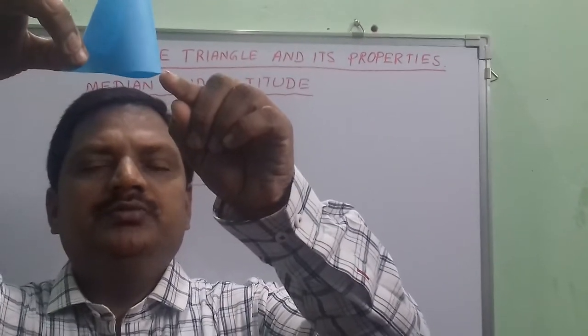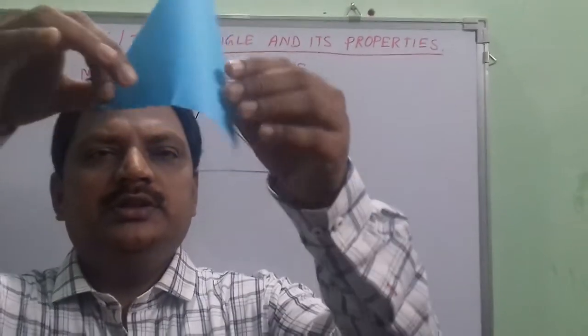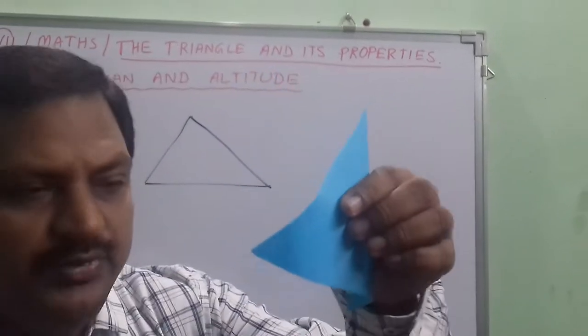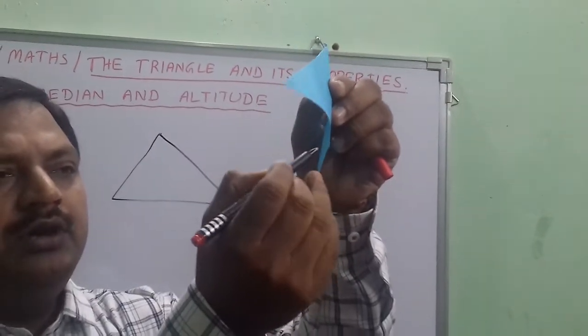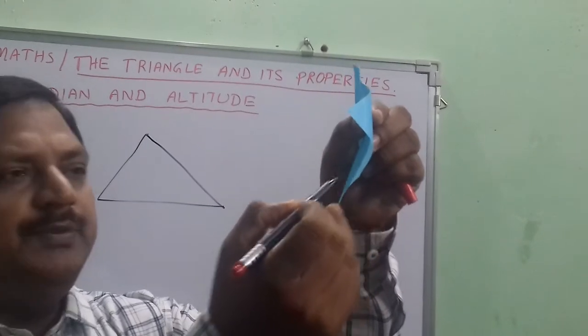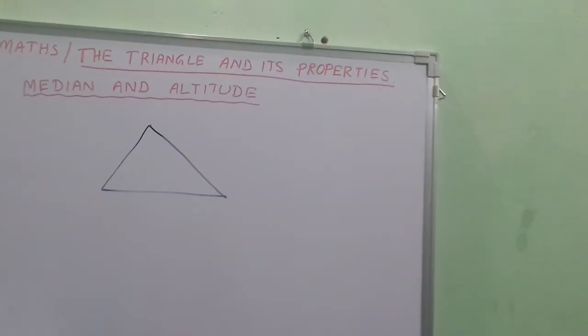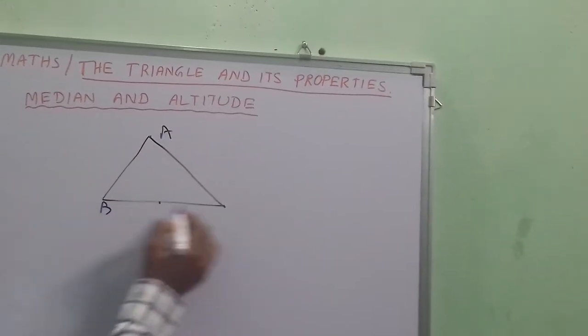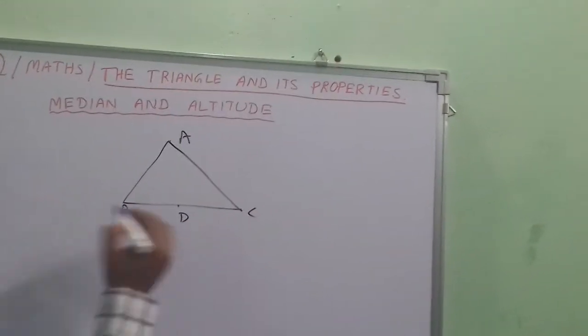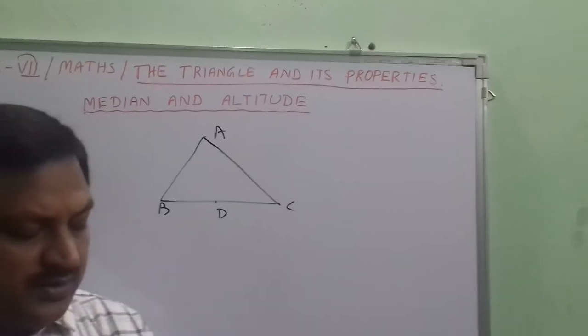So this is the midpoint. Now from this midpoint, so I found the midpoint here. Let it be a triangle ABC and the midpoint be D.